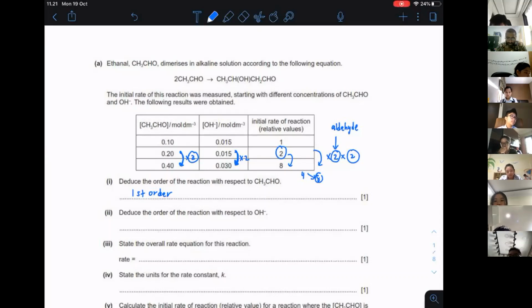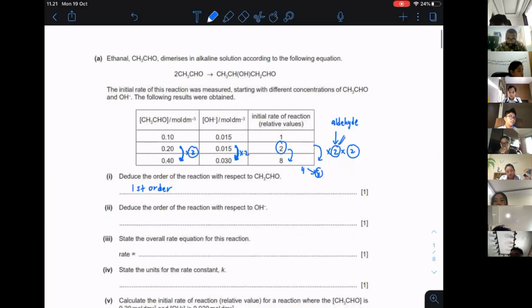The remaining that I times must be referring to the OH minus. If this one is times by 2, what happened was this one is also times by 2. Why? Earlier I do not know what this value is, but in order to make it 8, I must times another 2. 2 times 2 times 2.